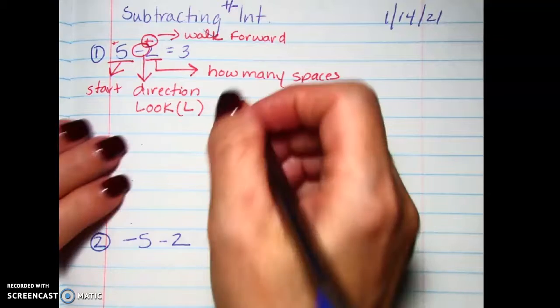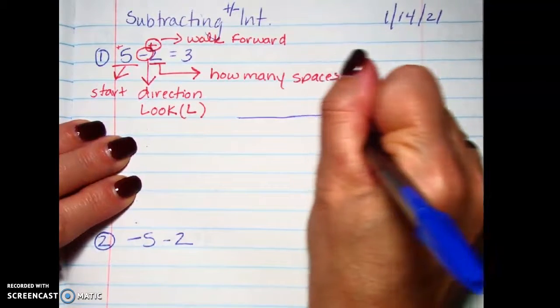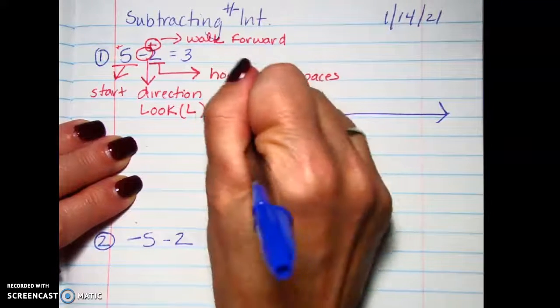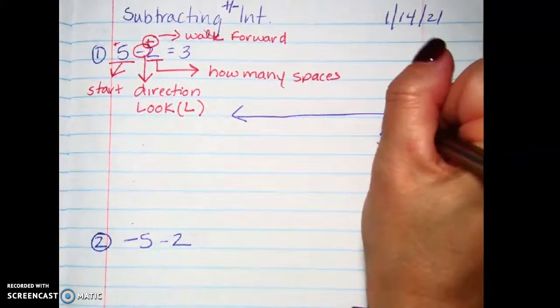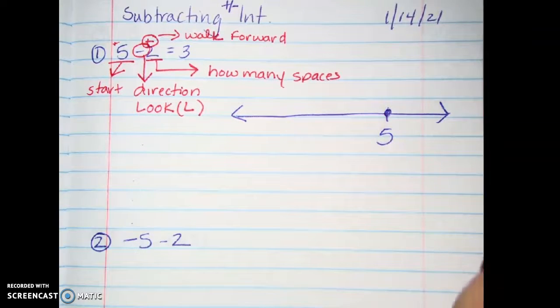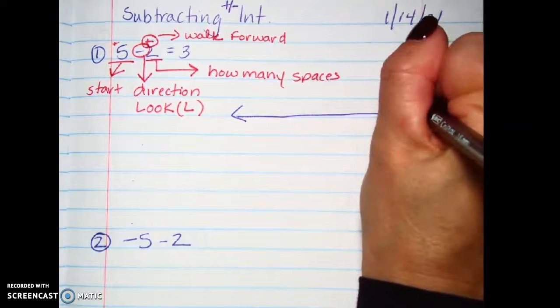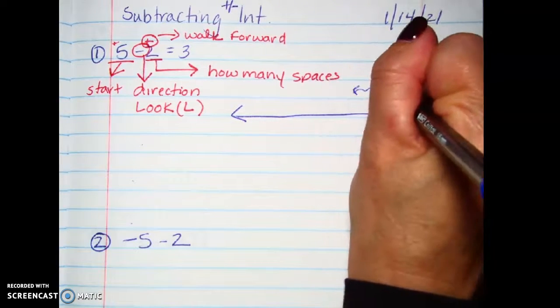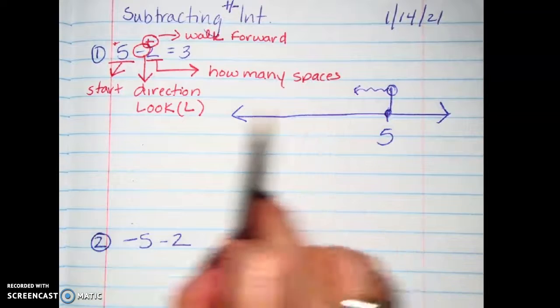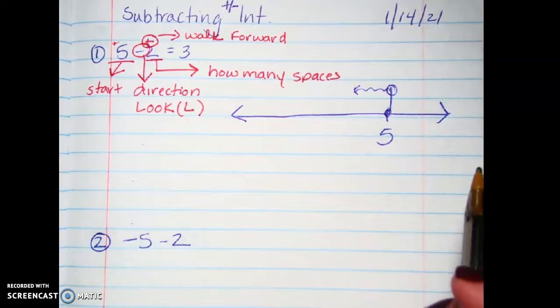So let's look at what it looks like on a number line. Here's my number line. I'm going to start at 5. I put my dot. I put my person in, and my person is looking this way because it is negative, and negatives are to the left.